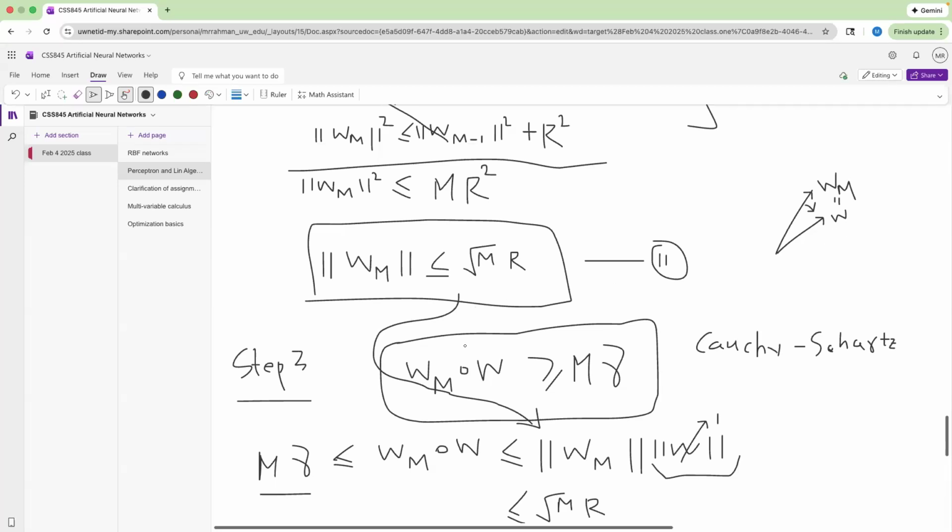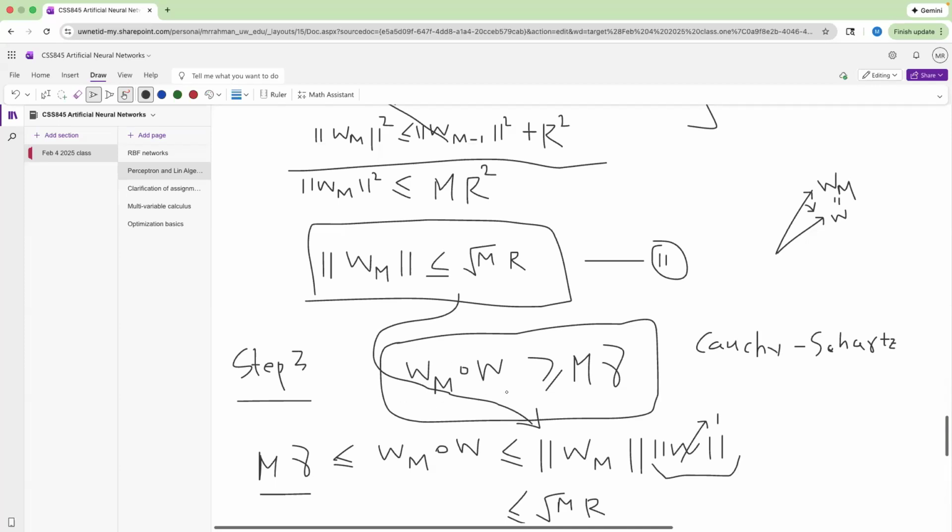Now, this cannot just become infinite. And why doesn't it become infinite? Because of this equation, which says that the norm of Wm is bounded above by square root of m times r, right? So this tries to maximize the dot product, and this is bounding how large this vector Wm can become.